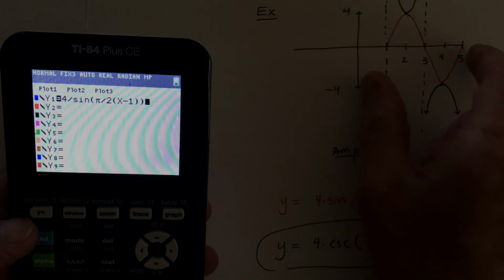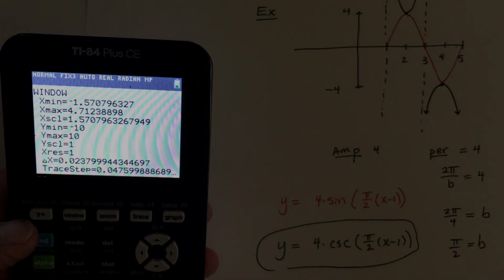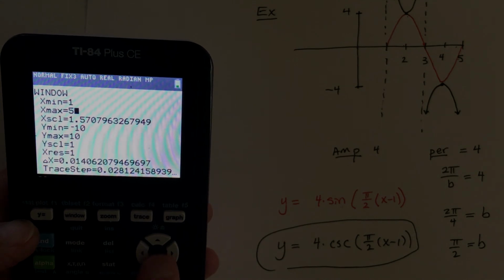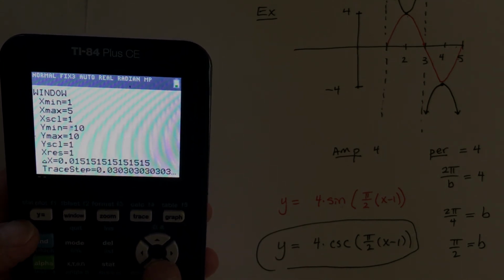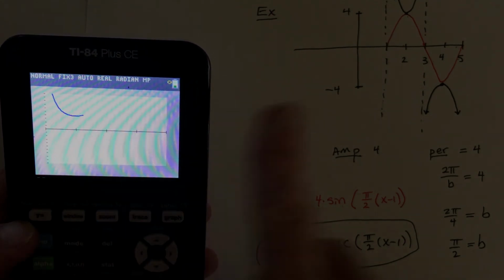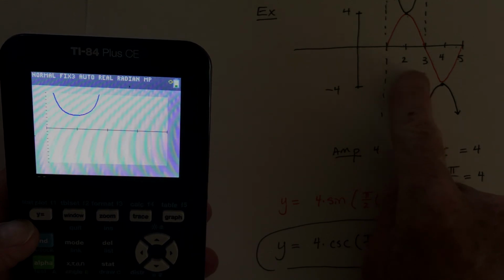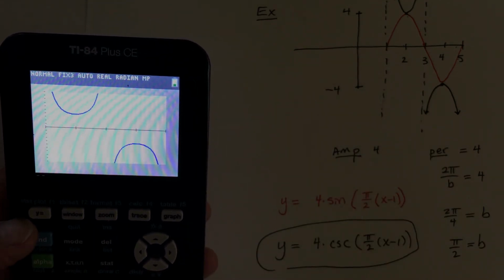And I want to graph just this part of it, so I'll change the window. X goes from 1 to 5, and the x scale is 1. And then going from -10 to 10 should be good. And then that should look like the original graph. I know it's dark, but you remember what the original graph looks like. And that looks perfect.